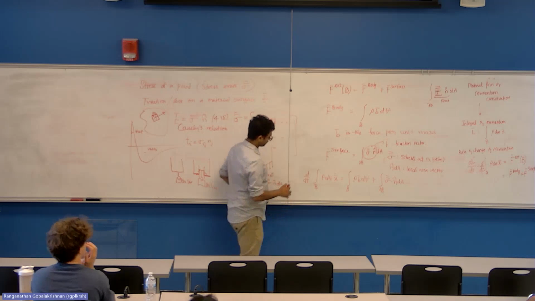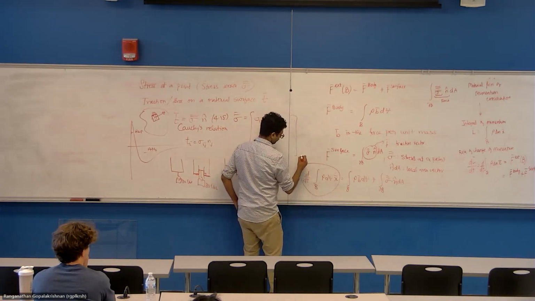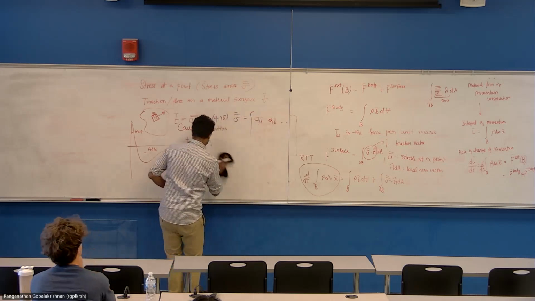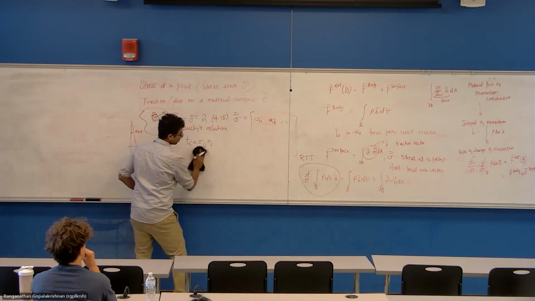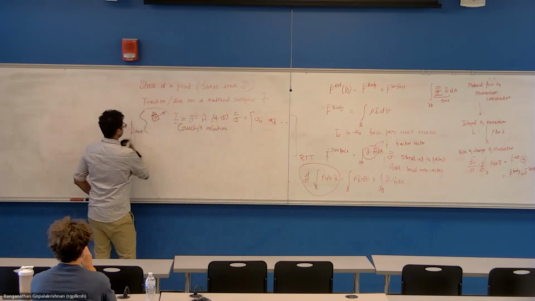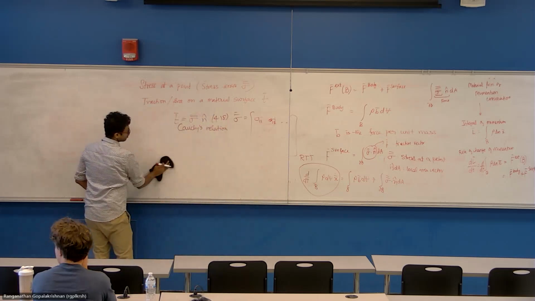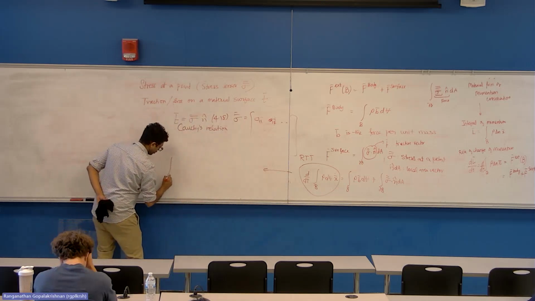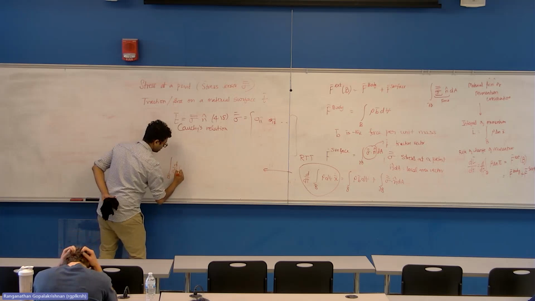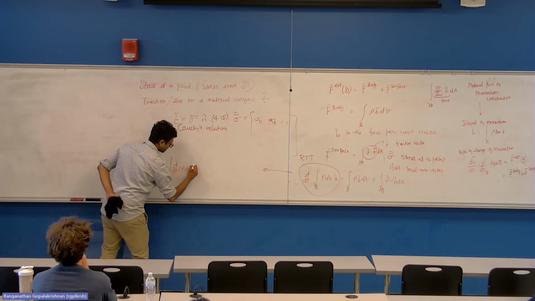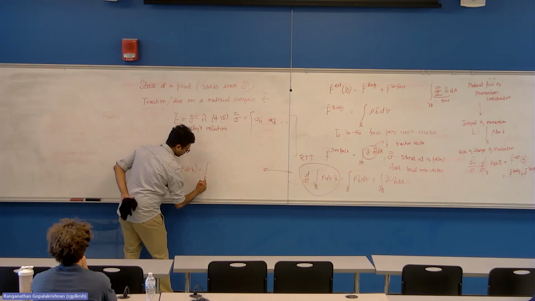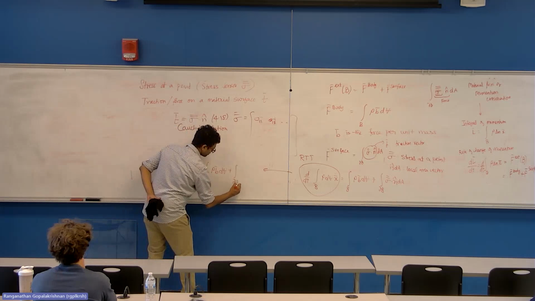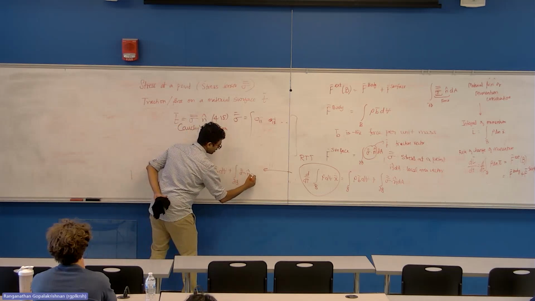So on this left side, we apply the Reynolds transport theorem. We are going to get the integral over the volume of d/dt of rho dv x dot, equal to the integral over the volume of rho b dv plus the integral over the surface of sigma dot n dA.